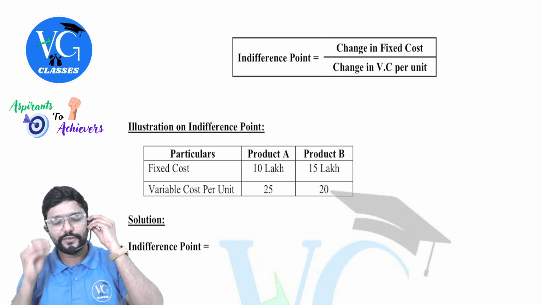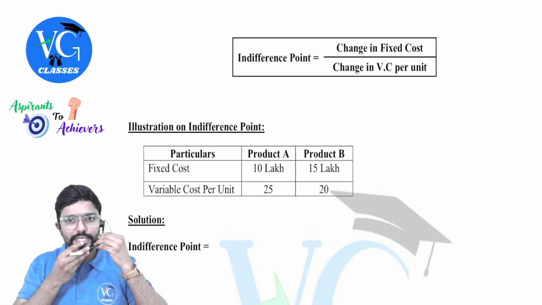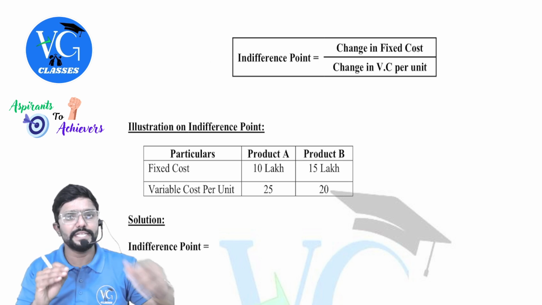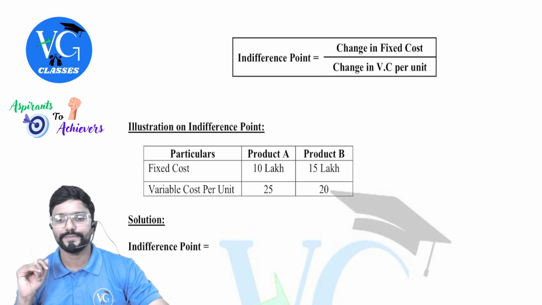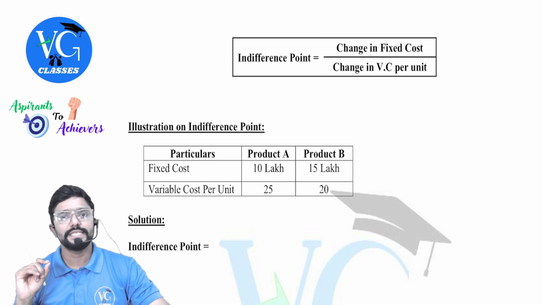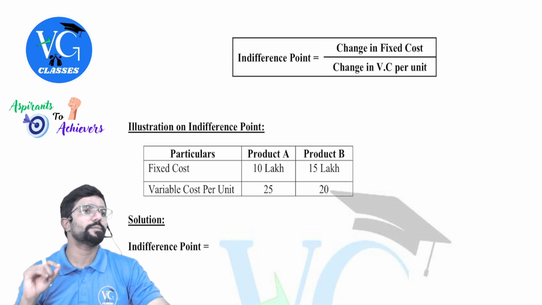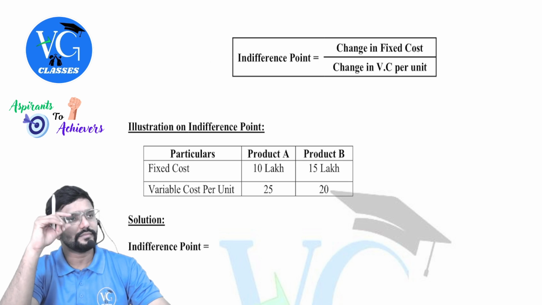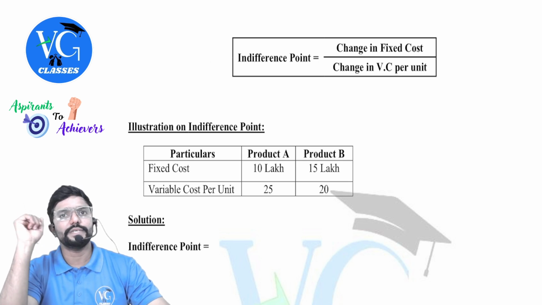What is the formula to calculate it? Write it. Indifference point is equal to change in fixed cost divided by change in variable cost per unit.